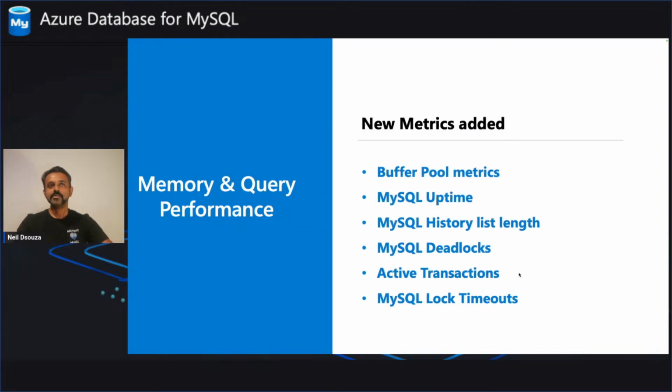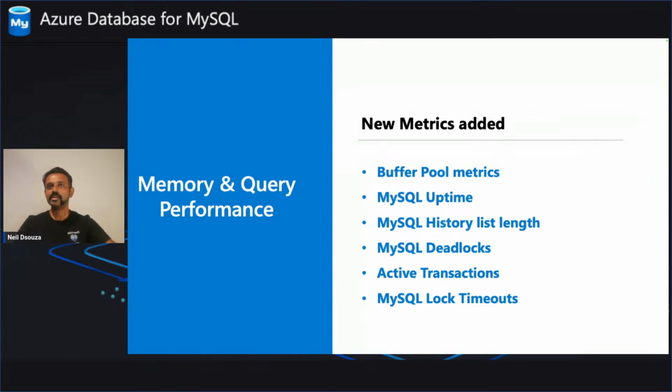Here are some of the metrics that we have added to troubleshoot query performance or track your buffer pool, like buffer pool data, buffer pool dirty bits, or buffer pool free, and other buffer pool parameters.